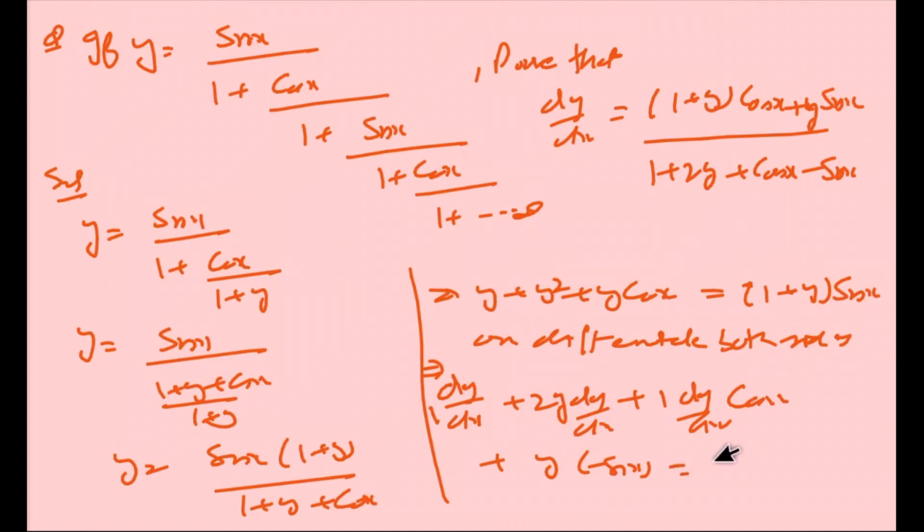Now here, product formula: 0 plus 1 dy by dx into cos x plus 1 plus y into minus sin x. Understand? Look carefully what we have to do.